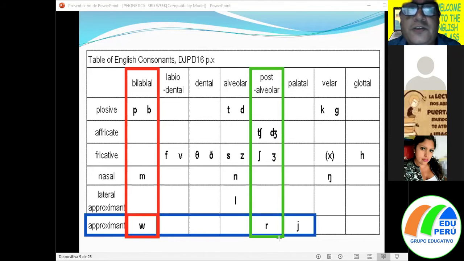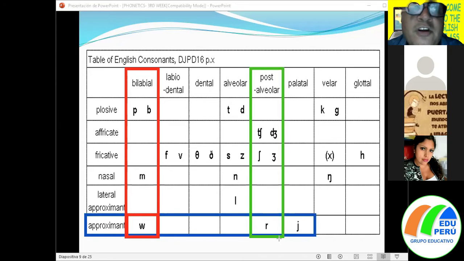Brazil. So notice here: wrong, right. Is it similar to Spanish? No, it's different, right? As I told you before, there is a movie where I made this example very clear: the difference between the R that we have in Spanish and the R that we have in English.